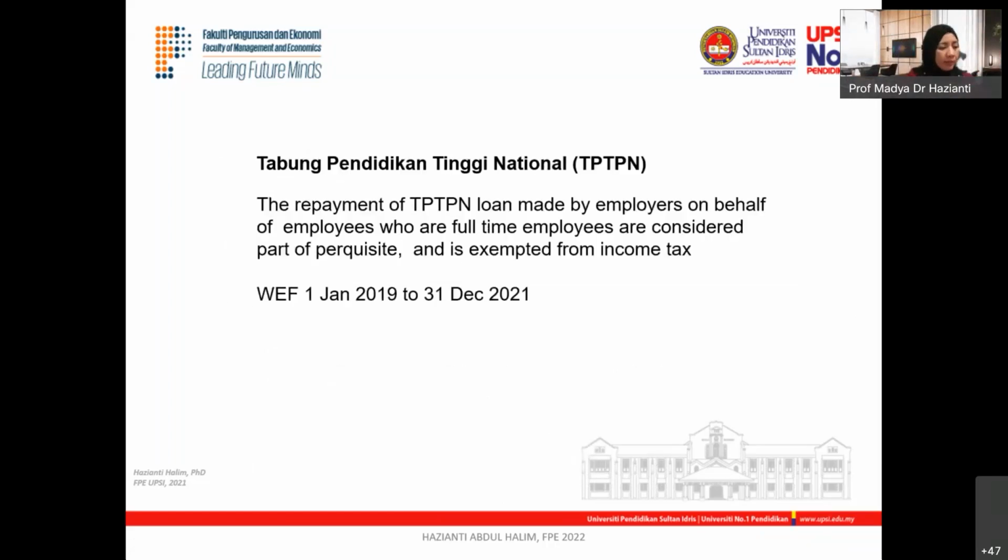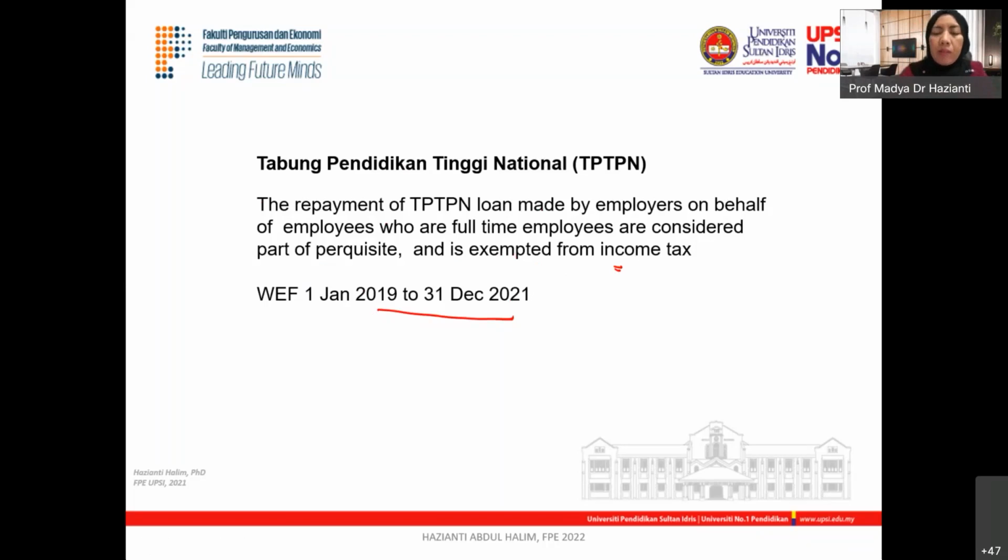Alright, PTPTN, in some cases, PTPTN is paid by the employers on behalf of the employee. Best kan ni kan, dah lah kena bayar PTPTN, company yang bayarkan, not your good self. So the repayment made by employers on behalf of employees who are full-time employees is considered part of perquisite and is exempted from income tax. Ini baru ada company yang bayarkan PTPTN, walaupun itu dikira your perquisite, your benefit, that is not taxable, exempted from income tax.